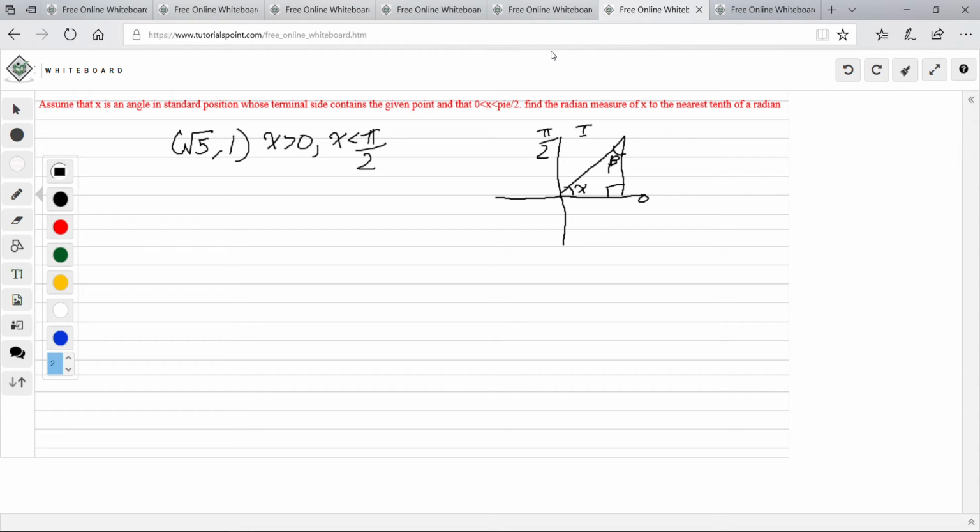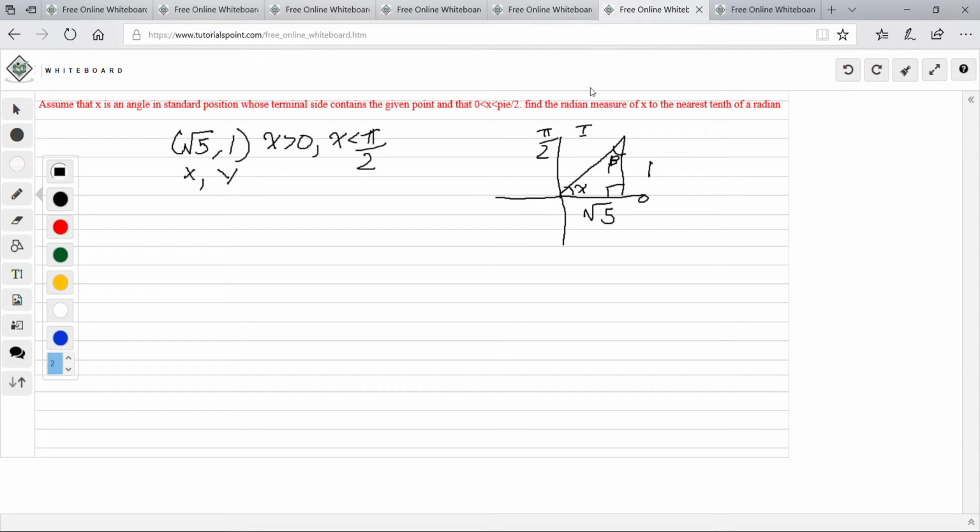Okay, so the square root of 5 is our x, and the 1 is our y value, so square root of 5 and 1. So what can I do? Let's find the radius, or the hypotenuse.